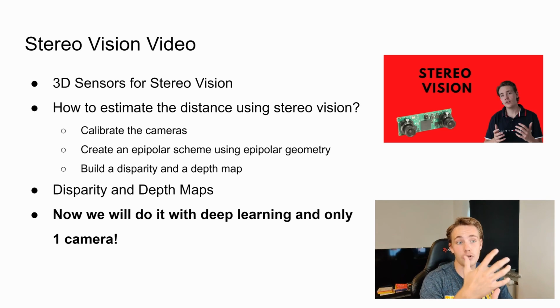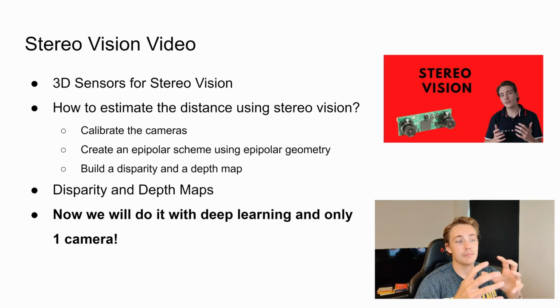We can use a monocular camera model that has been trained to do depth estimation on single images, and then use that later on to do really nice projects without having a stereo vision setup or some other kind of 3D sensor, as I wrote here at the start.